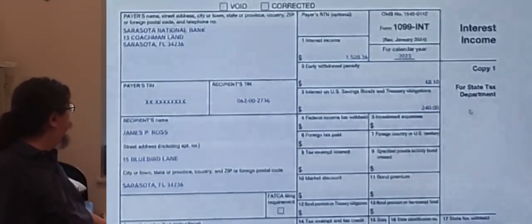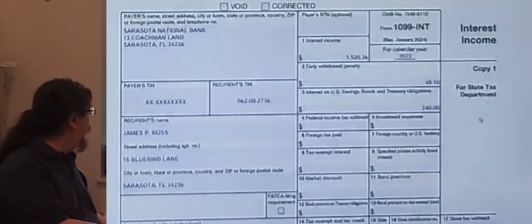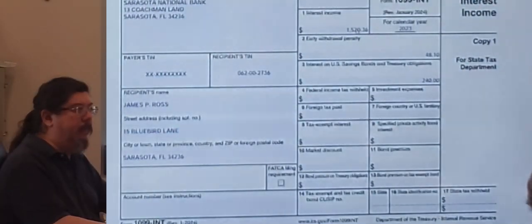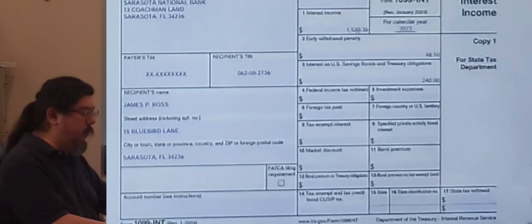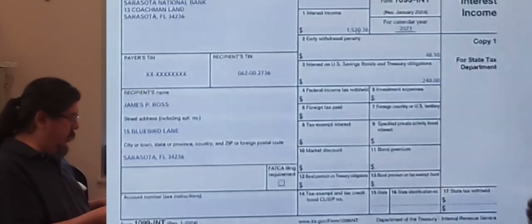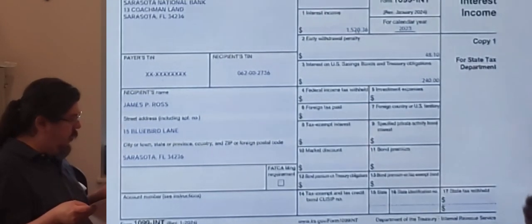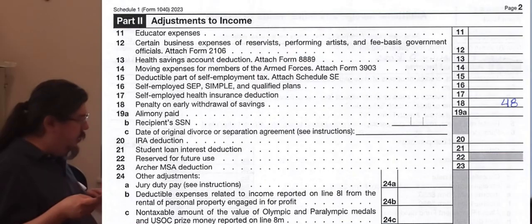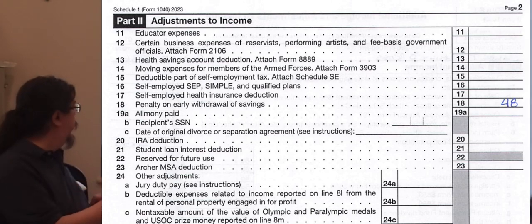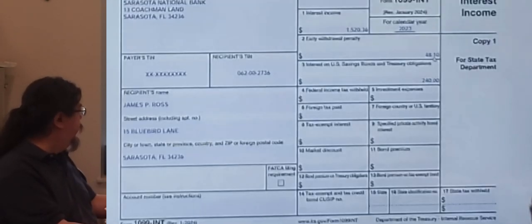Okay, next we have interest income from a 1099-INT, with an amount in box 1 of 1,520. Where would that be? Schedule 1, line 18 is where the penalty on early withdrawal, the $48 from box 2, would go.